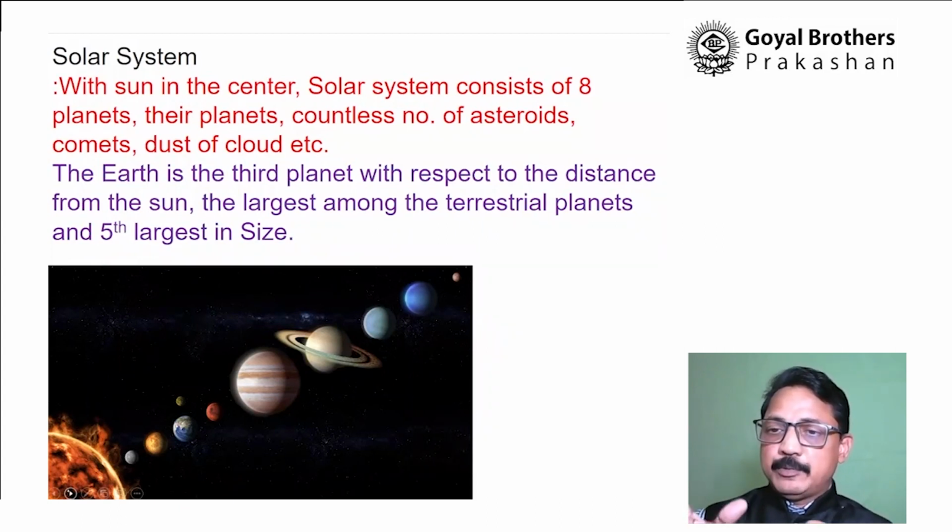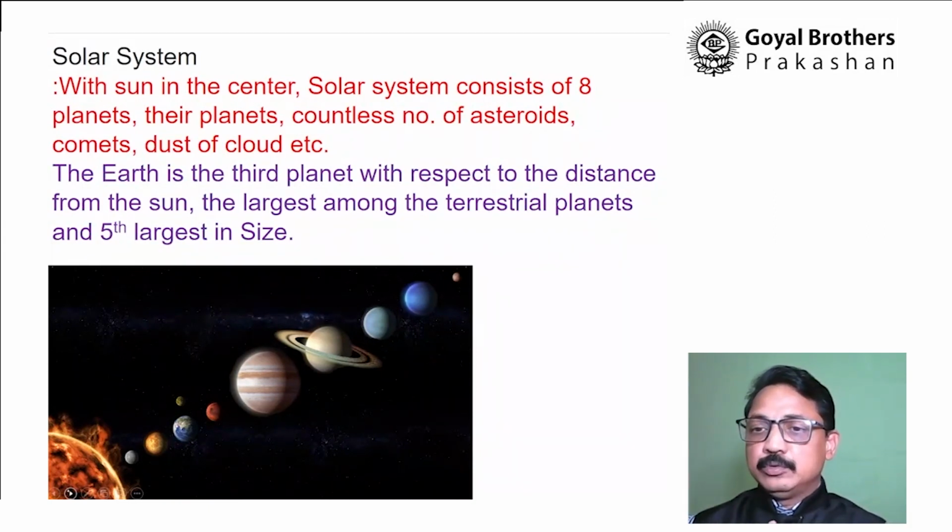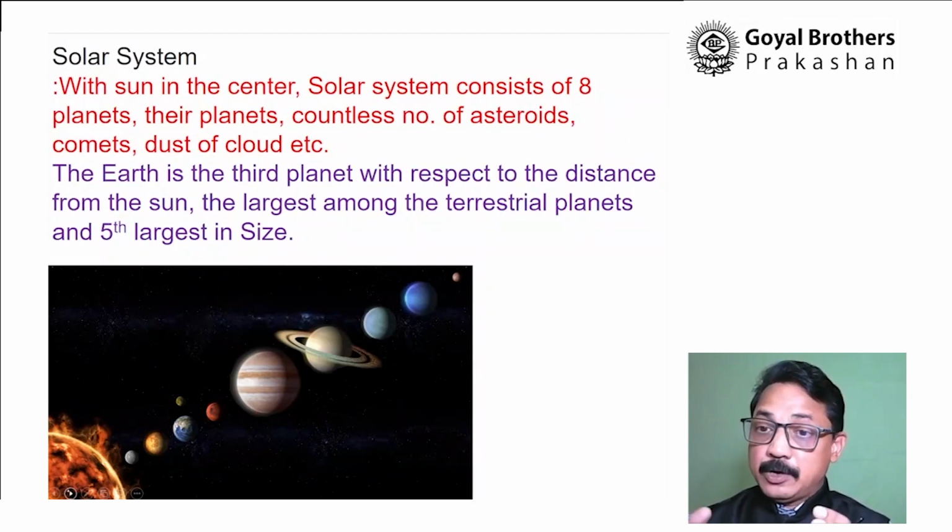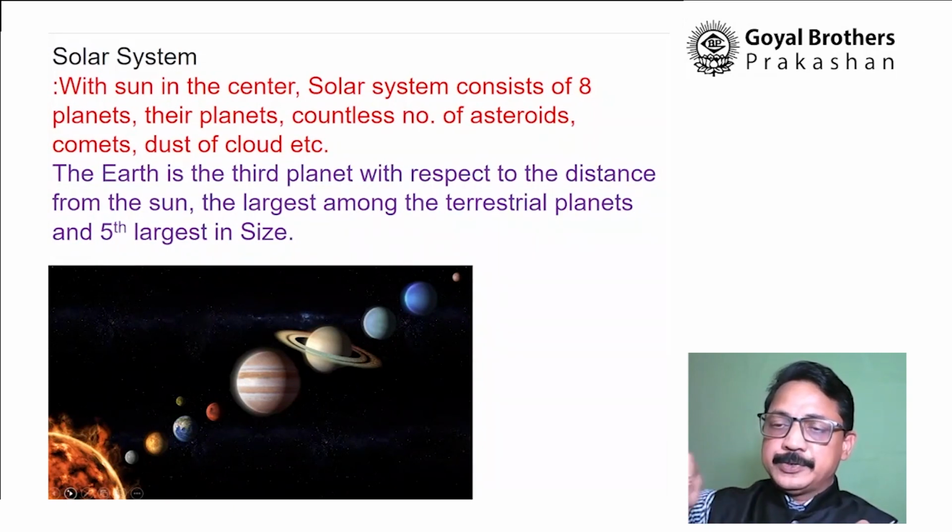The size is from a few meters up to some hundreds of kilometers long. Some of them are very small, 2 meters, 3 meters, up to hundreds of meters, and some of them are even kilometers wide. Okay, so there are countless asteroids, there are comets also, and of course there are 8 planets that are revolving around the sun.